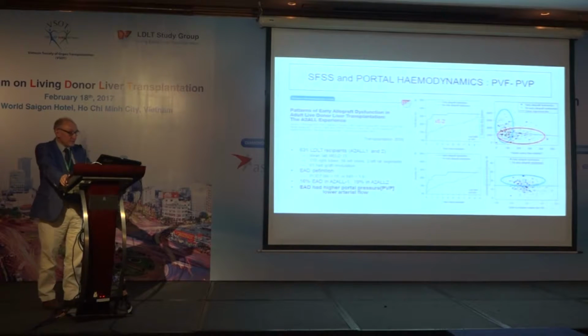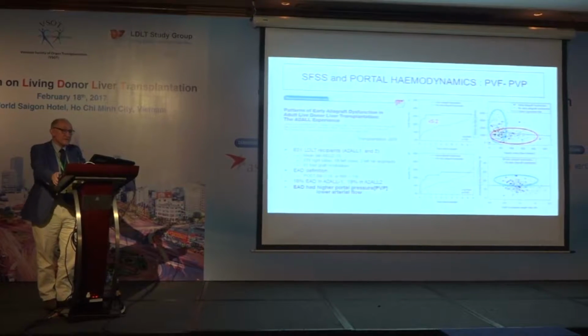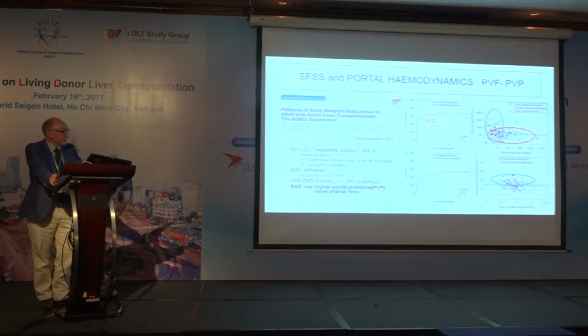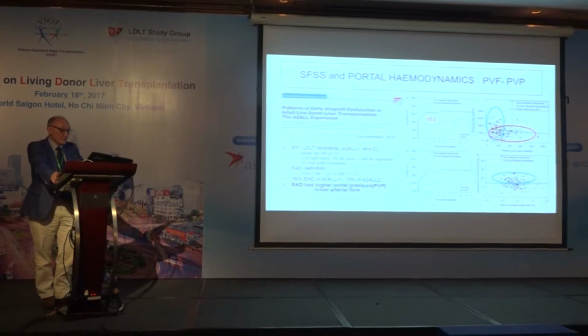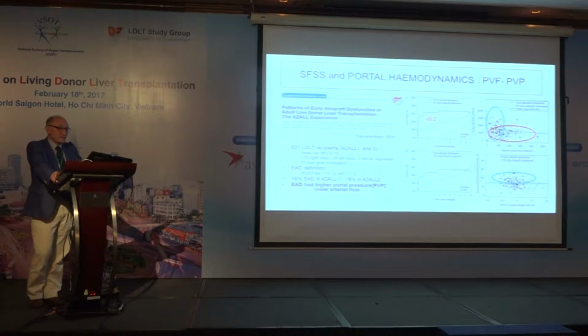And this is very well demonstrated in this again very nice study from the A2ALL living donor study group in the States. And you see that allograft dysfunction in fact leads to a five-fold less good outcome of your transplant procedure. And this allograft dysfunction was correlated not only by portal vein flow, which of course influences your buffer response and the hepatic arterial inflow.